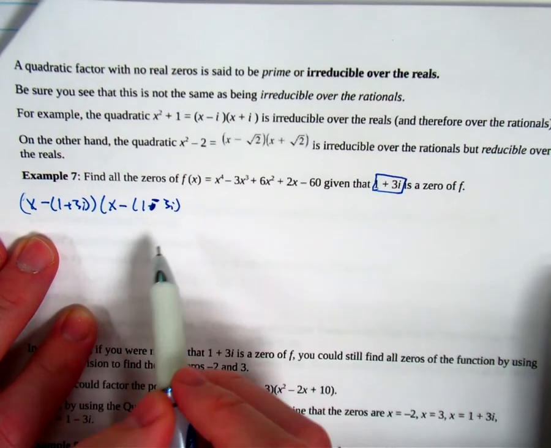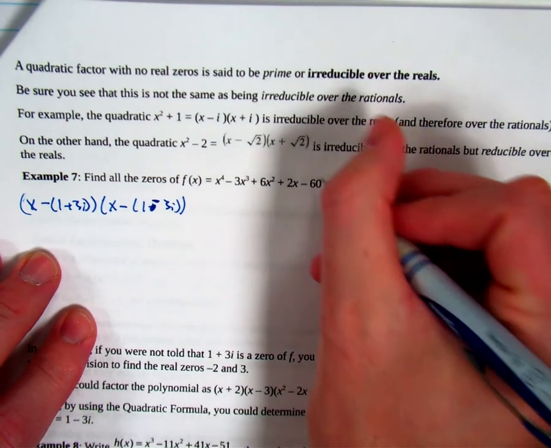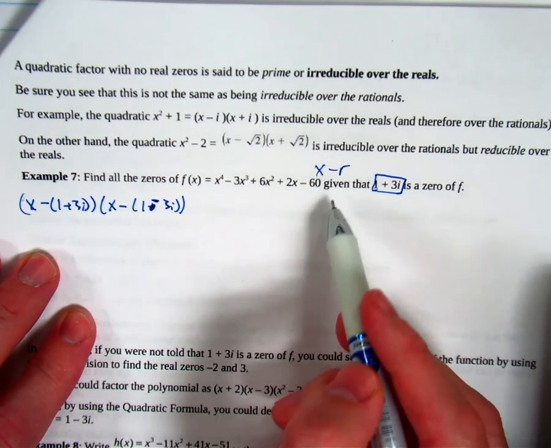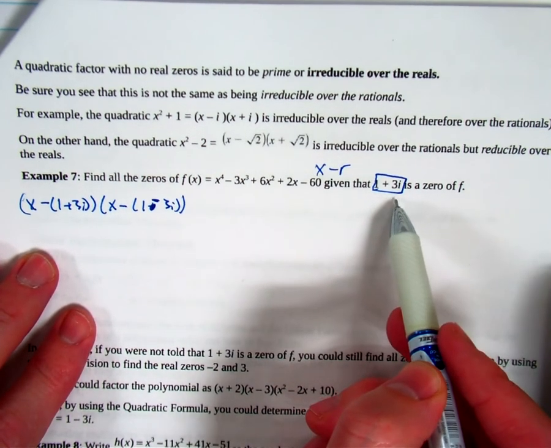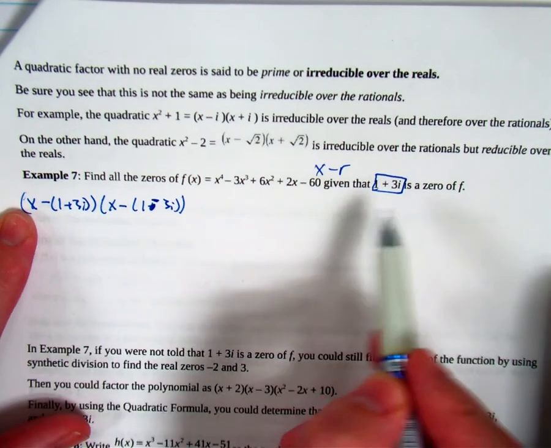Let's say that again. All of our roots come in the form of x minus r, whatever you minus your root. So if 1 plus 3i is a root, we have x minus (1 plus 3i).